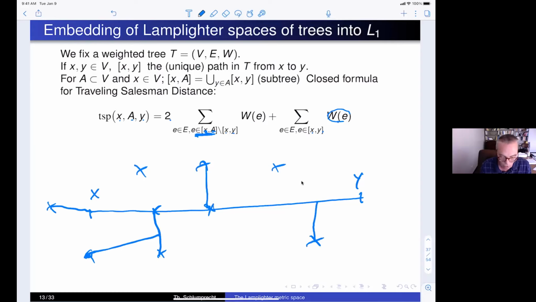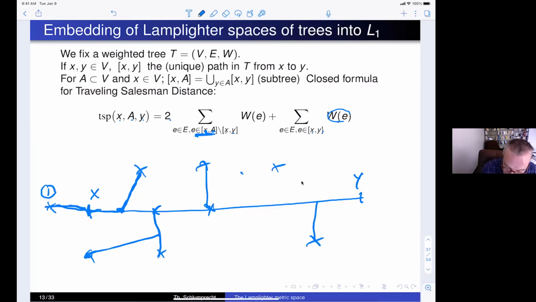So now, what does the traveling salesman have to do? He does the following. He starts at x, then this will be the first position he visits. Then he goes along, then he goes to this point, then he visits this, but has to go back. And here he also has to go back.